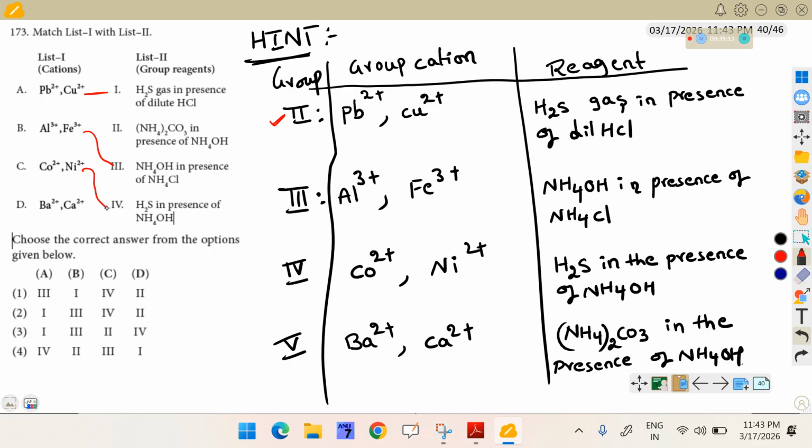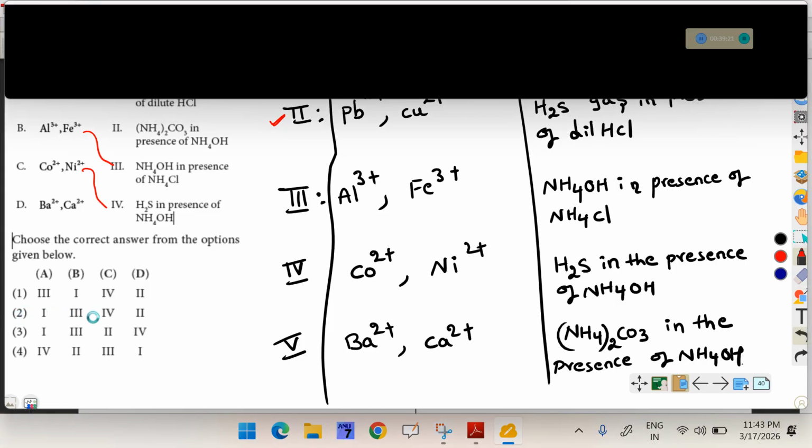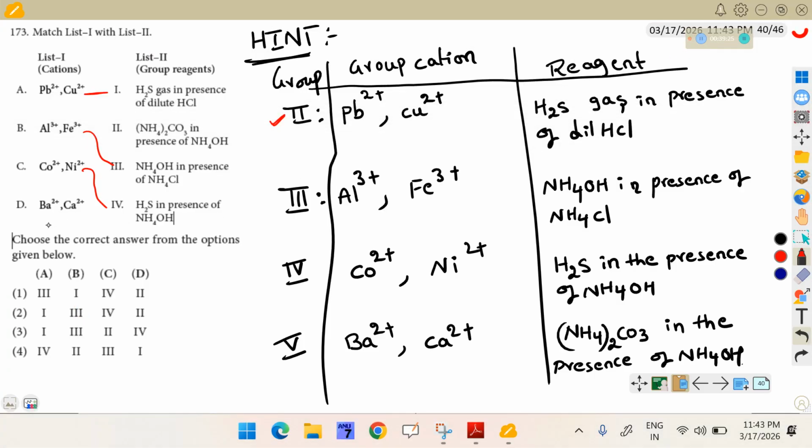C4. Yes. A1, B3, C4. Second option is the correct option.